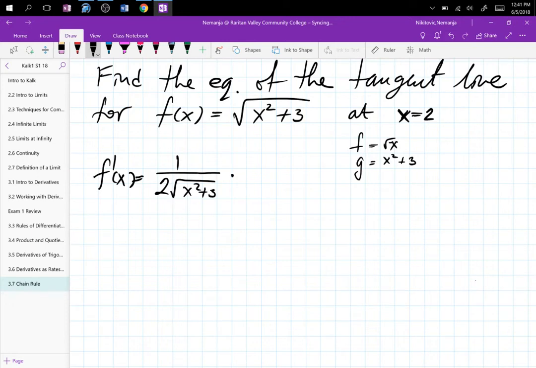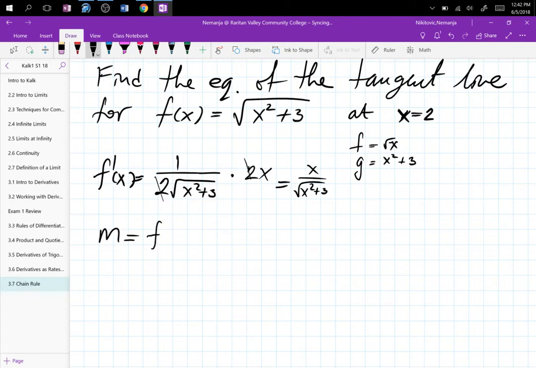And then times the derivative of the inside, which is 2x. So now if you simplify, 2 and 2 will cancel. You get x over square root of x squared plus 3.